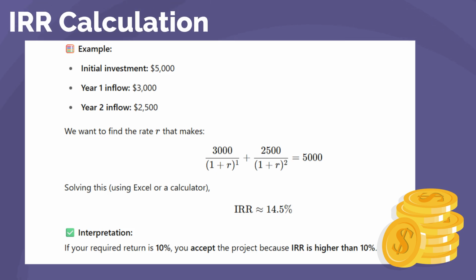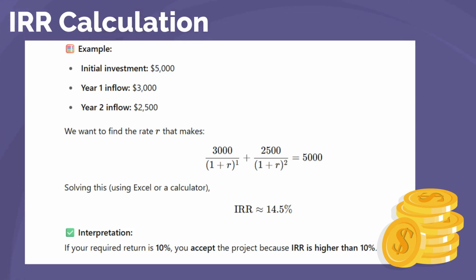Let's consider a short example to calculate IRR. The present value of future inflows is $3,000 and $2,500 for years 1 and 2. You're trying to find the rate that makes NPV equal to 0, which is exactly what IRR is. The present value of $3,000 received in year 1 plus $2,500 received in year 2, discounted at the rate, should equal the initial investment of $5,000.